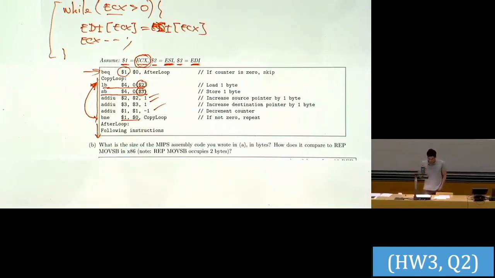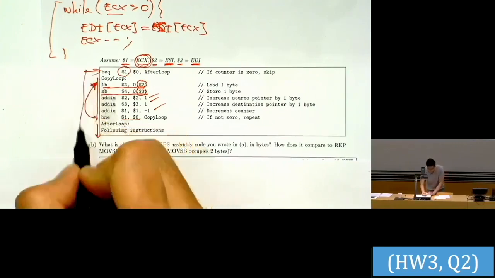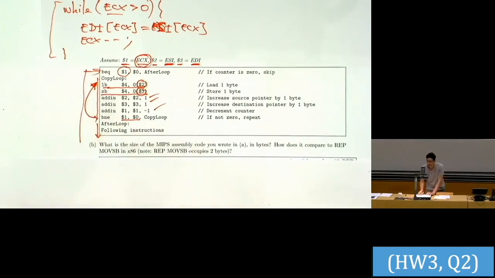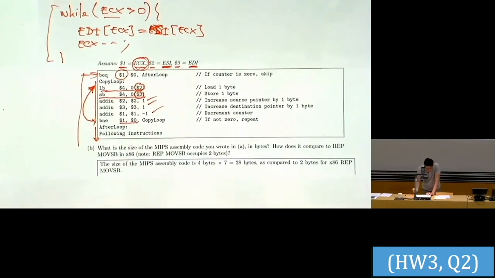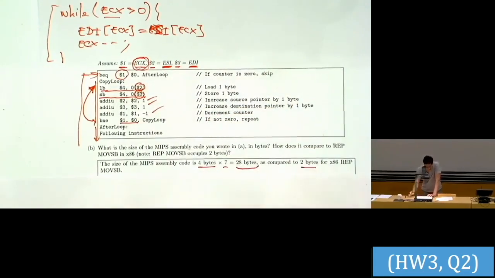And the question is, how many bytes does this code that we have just written occupy in memory? Well, as you know, in MIPS, every instruction is stored in 4 bytes. And if you count the total number of instructions, this is 7. So the total size of this code is 28 bytes compared to the 2 bytes of the original instruction in the x86 ISA.